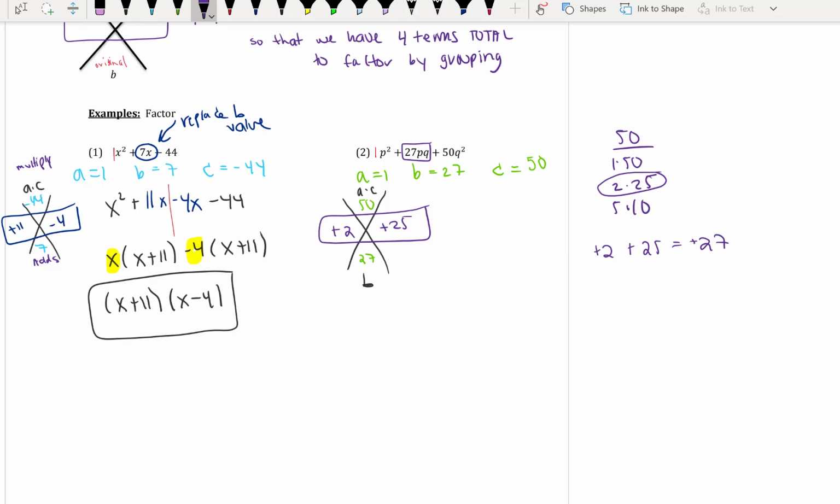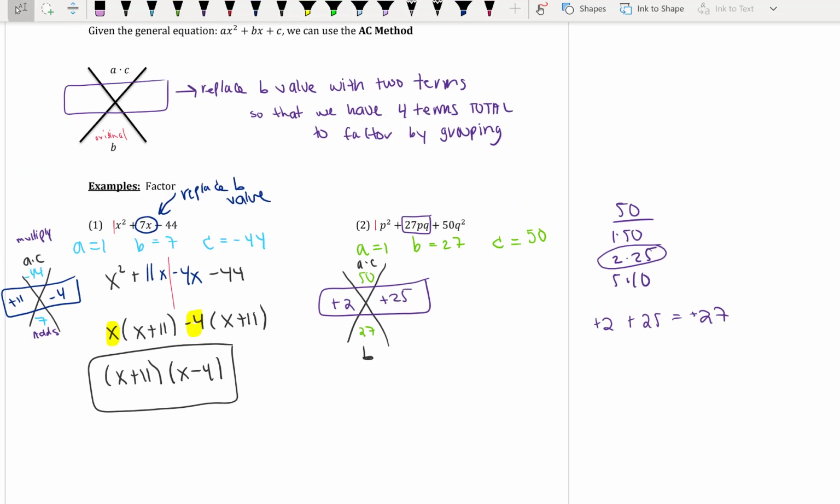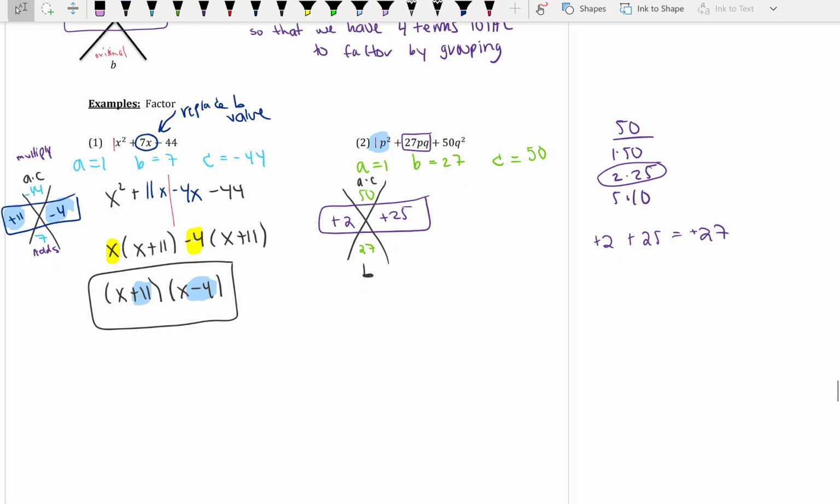And notice, like in our first example, that because this was a 1 coefficient, that 11 and that 4 got directly placed into my answer. So because this coefficient here is 1, I can directly say that this is going to be x plus 2 and x plus 25.